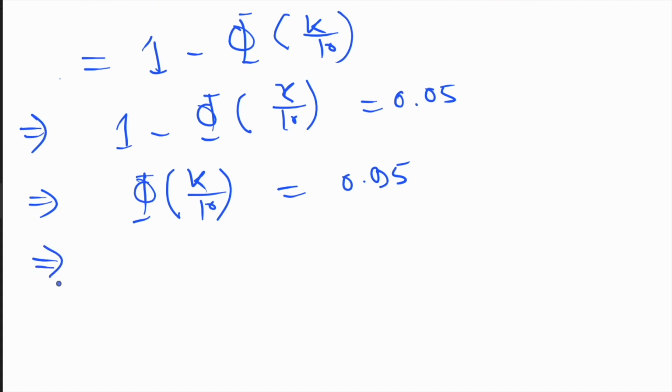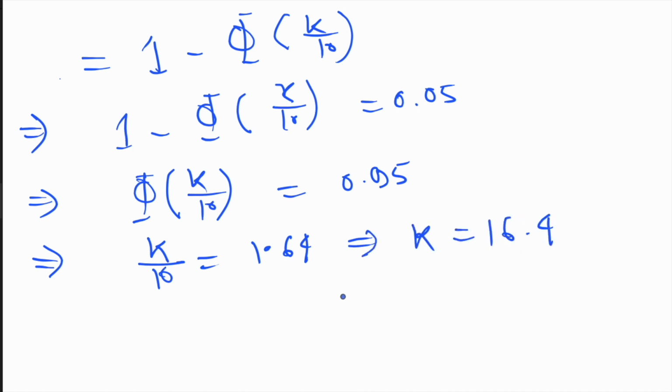So at which value is the cumulative distribution function 0.95? From the table we get k by 10 is equal to 1.64, so k becomes 16.4, and the value of k is 16.